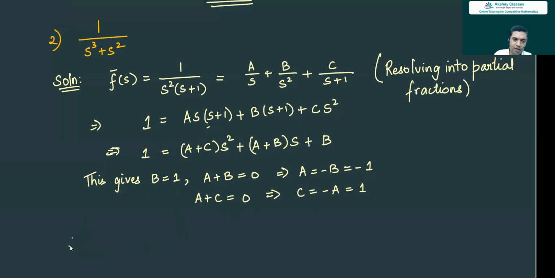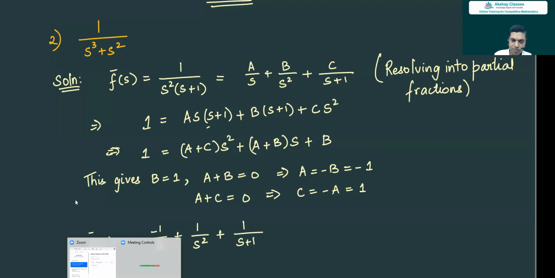Therefore, this f bar of s is minus 1 by s plus 1 by s square plus 1 by s plus 1.